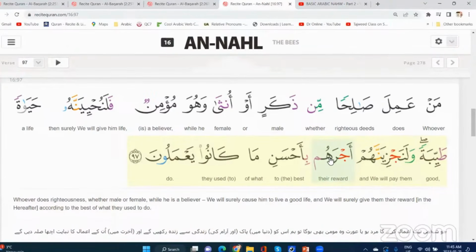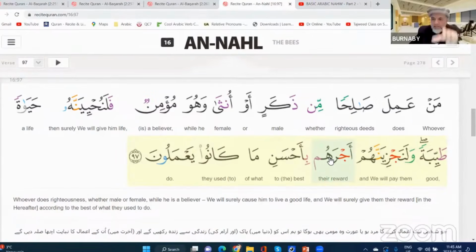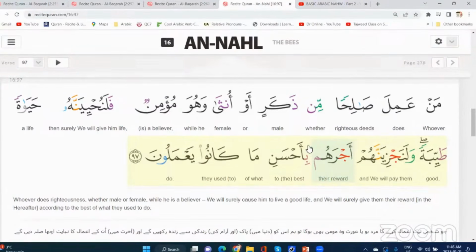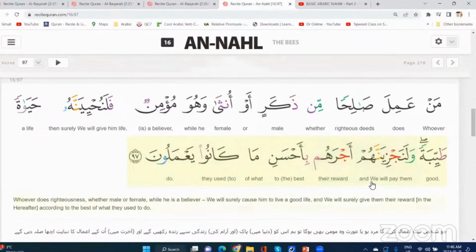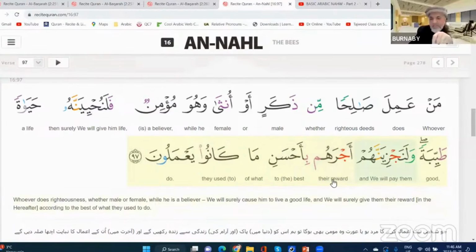So what is the status of hum here? Jar. Right? Is it attached or detached? Attached. Okay, so bi ahsani ma kanu ya'malun. We will pay them their reward to the best of what they used to do.